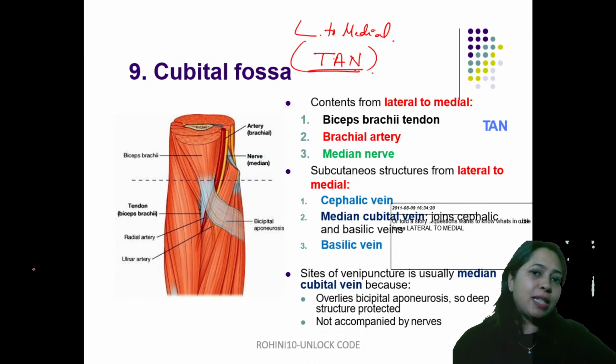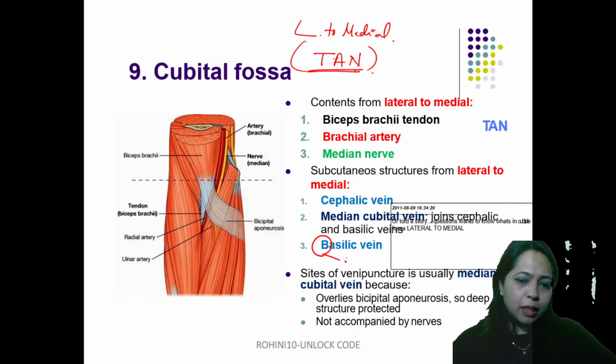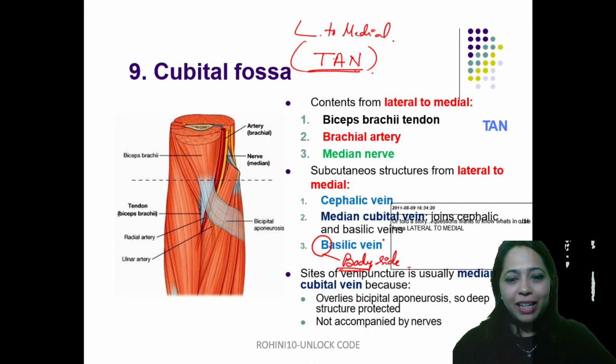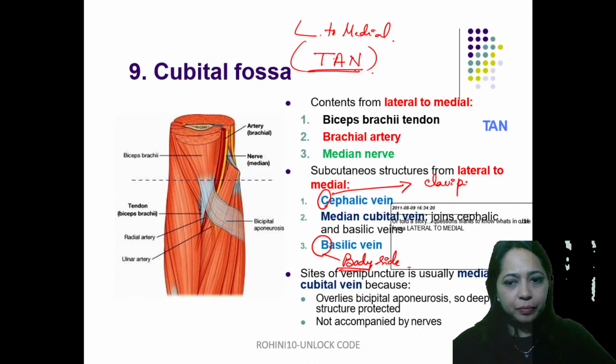Where is the cephalic, on which side? It is on the lateral side. Remember, the basilic is near the side of your body. Okay. The cephalic, remember the C, it pierces the clavipectoral fascia.